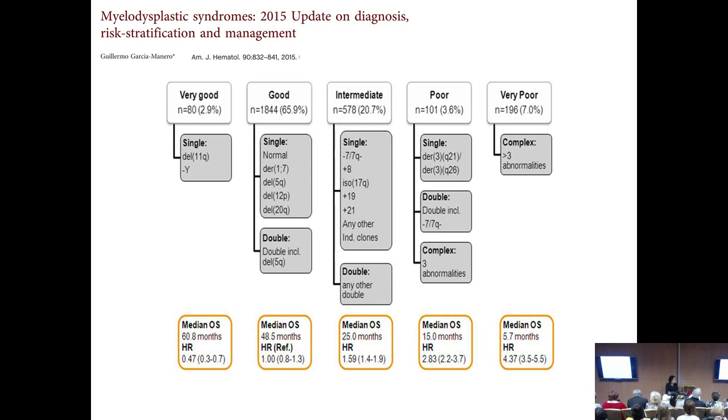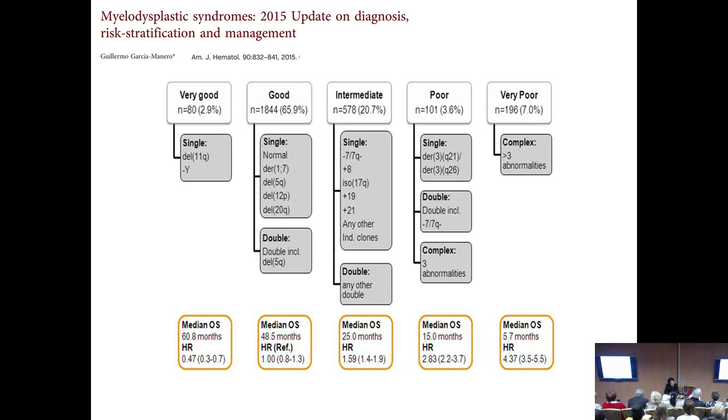If you have a complex karyotype with more than 3 abnormalities, the prognosis is very poor. A complex karyotype is defined as at least 3 chromosomal abnormalities, and a complex karyotype with only 3 abnormalities has a poor prognosis.